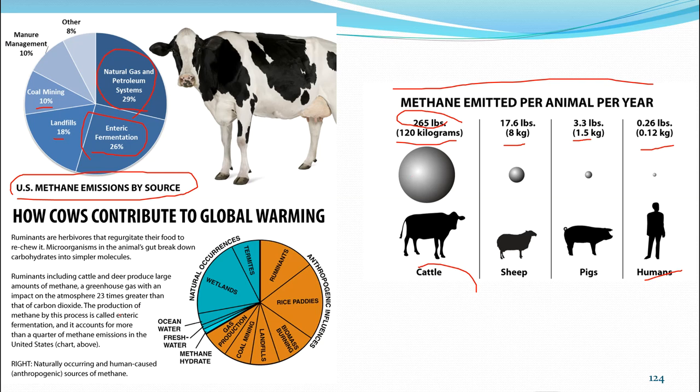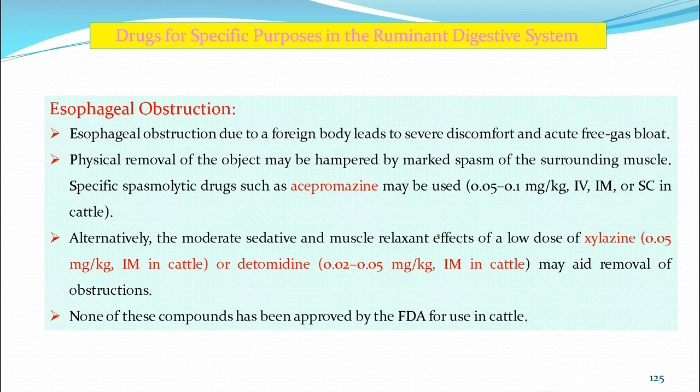And for natural occurrence, you can see that production from ocean water is also there, and methane hydrate, gas production, coal mining, all these are going to produce, and it is very, very little when compared to the natural emission.